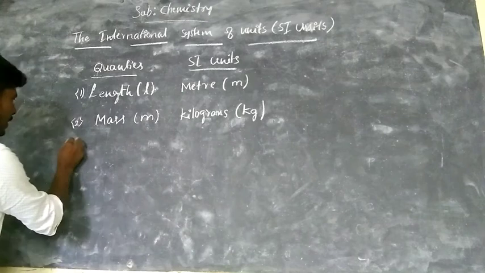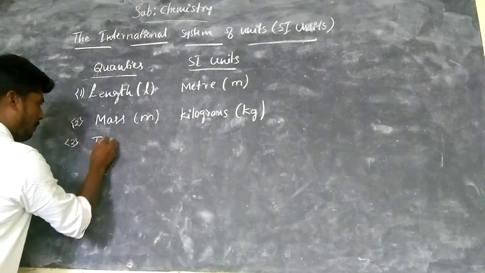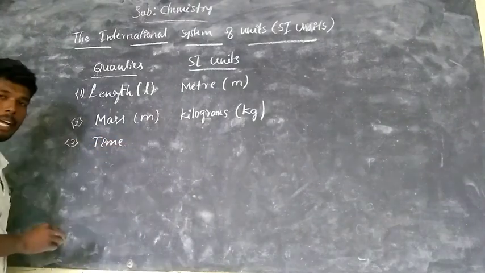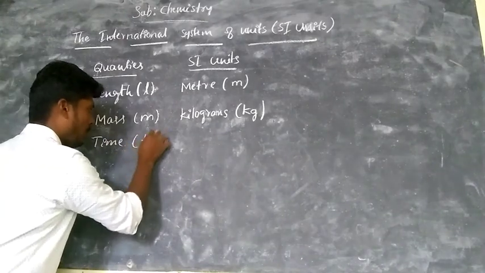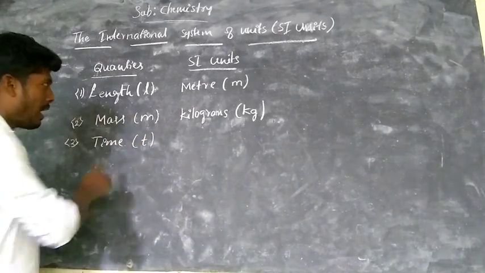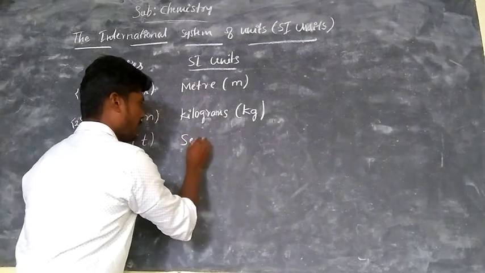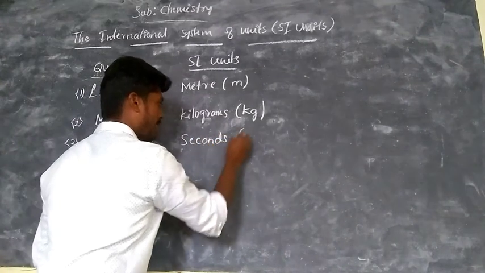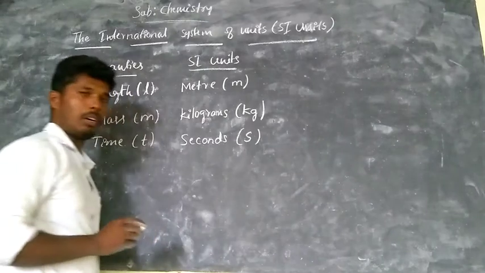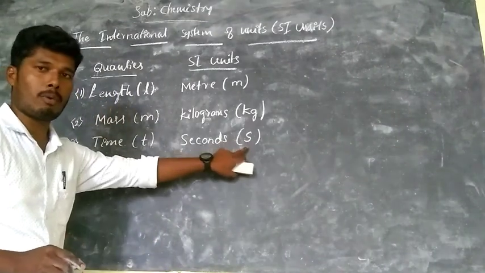Then take the third one, time. Time is indicated by the symbol small t, and it is measured in seconds, indicated by small s.